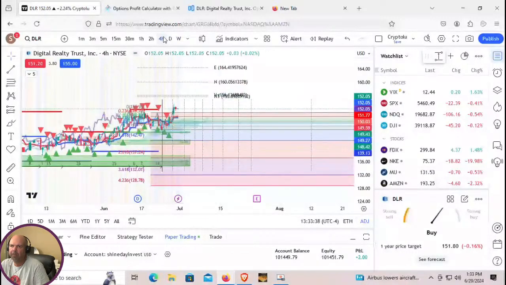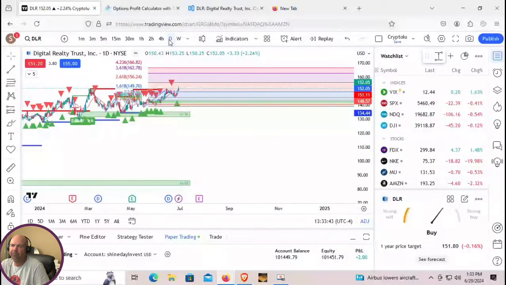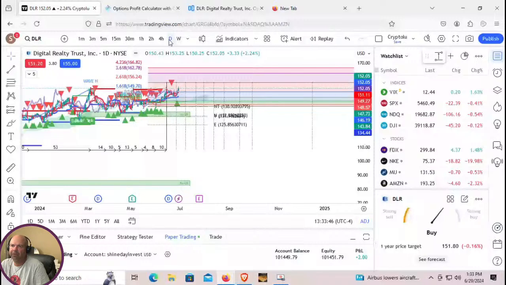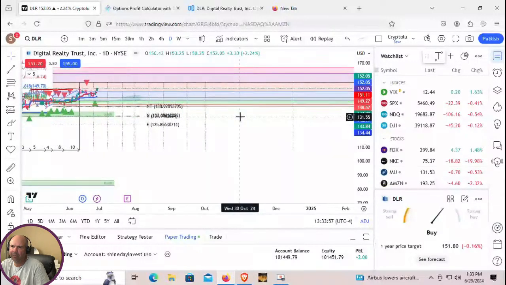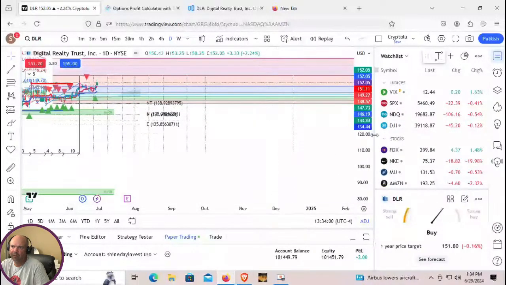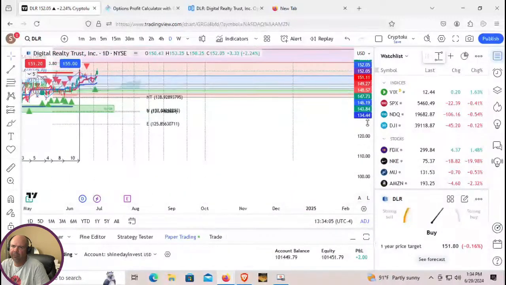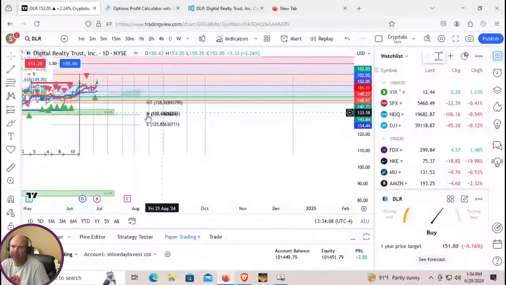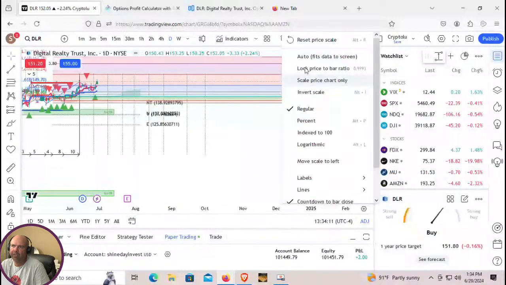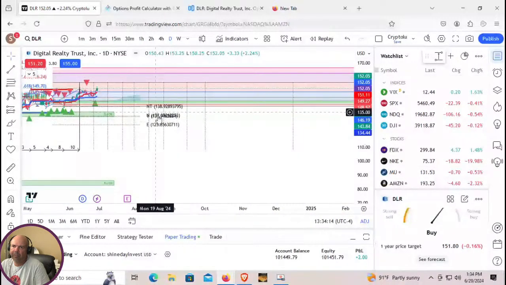The 4 hours is going up, the weekly going up, and the day is going down. The 138 and 137 maybe. You can see those numbers, 132, 131 for the buy, and the block at 125.